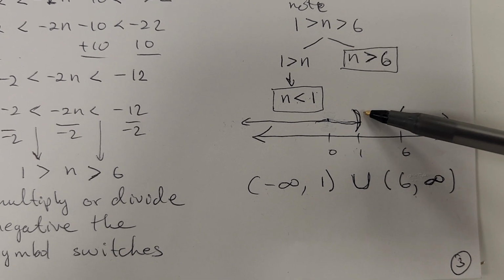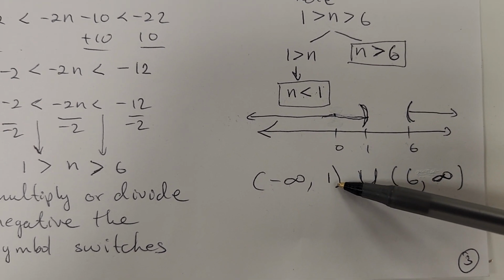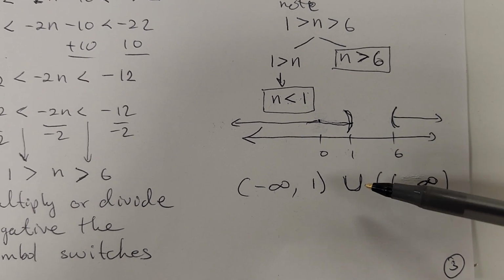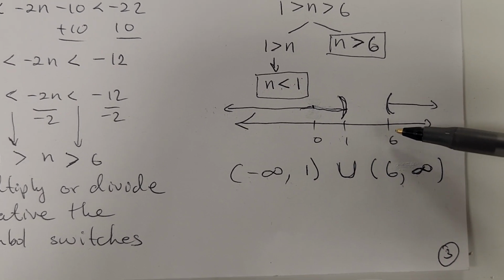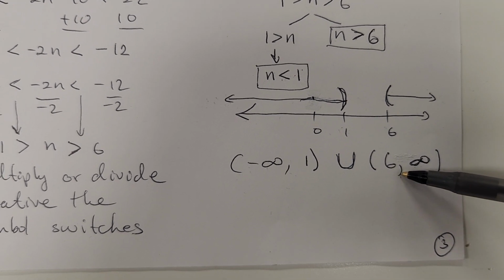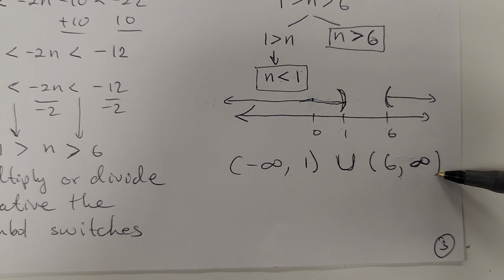Here I have 1 parentheses. Right here, this is a gap. When I see a gap, I use the uppercase letter U. Next, I have 6 parentheses, followed by a comma. Here's my arrow. Arrow is infinity, close.